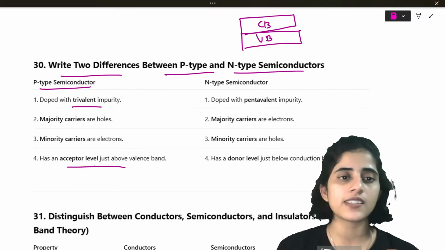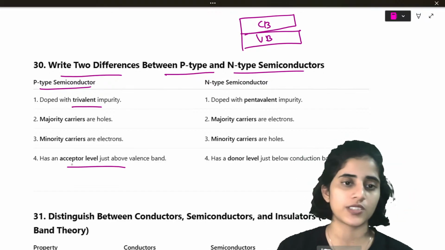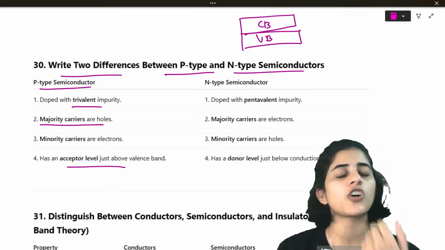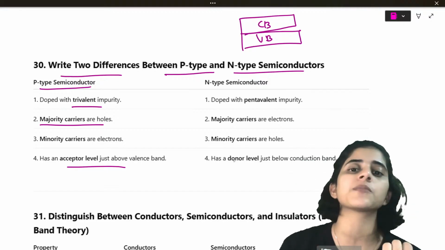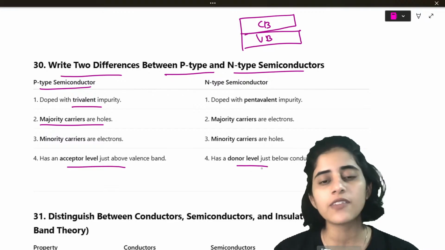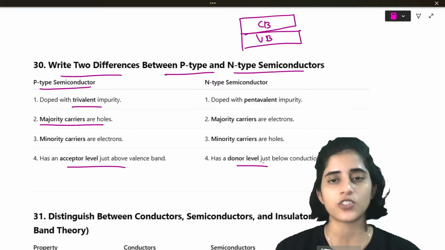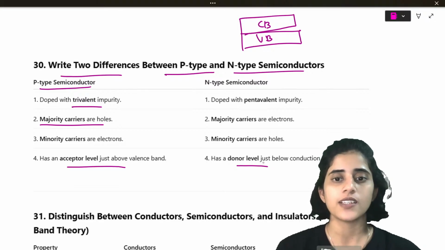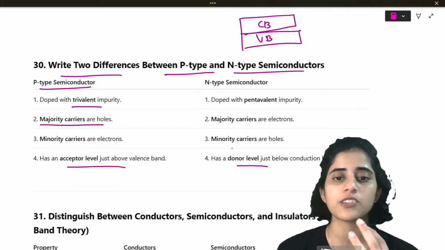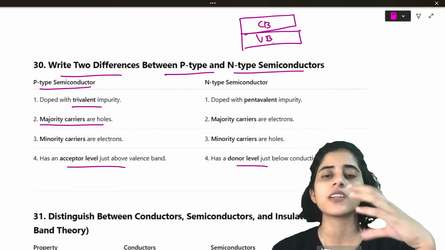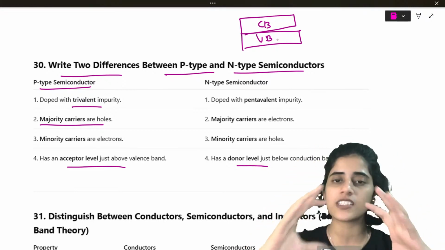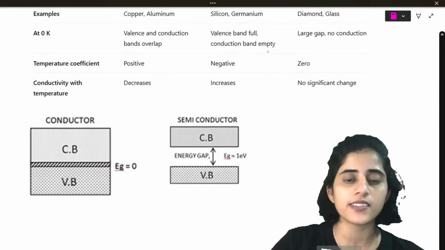Acceptor level means they can accept electrons. Because their majority charge carriers are holes, they can accept electrons. Donor level means they have a lot of electrons, so they can donate electrons. Donor level is just below the conduction band. Every semiconductor has 2 bands like this.